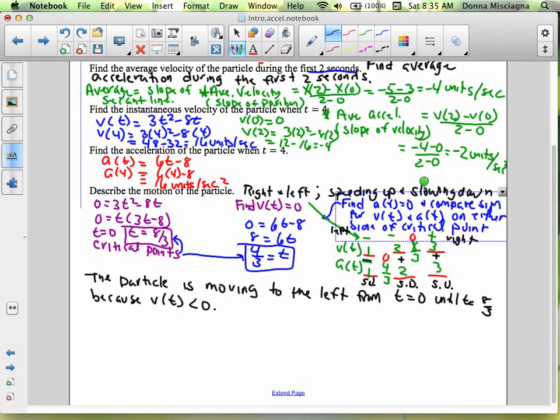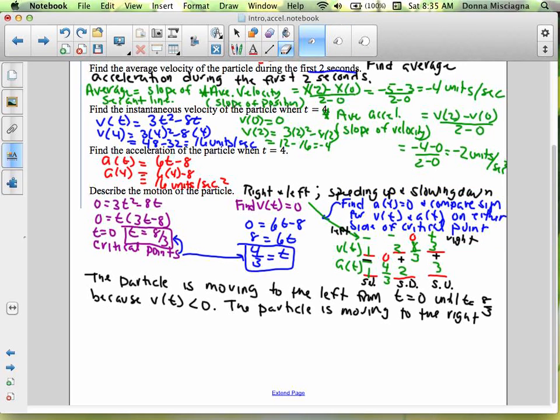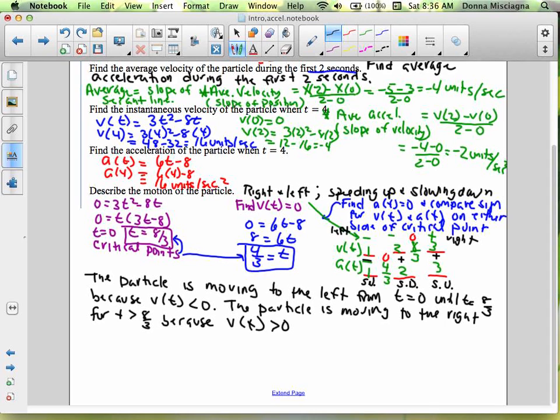So the direction is to the left if velocity is negative. The particle is moving to the right for t greater than 8/3, because v of t is greater than 0. So it's moving to the right if velocity is positive.